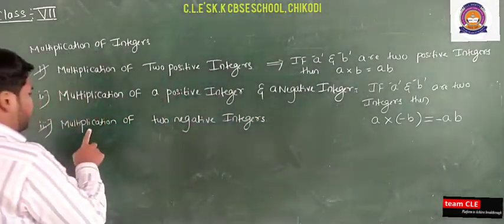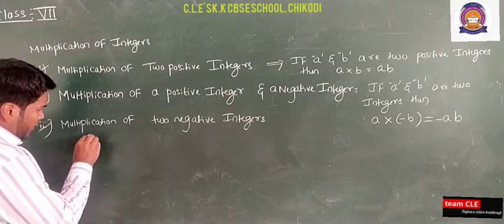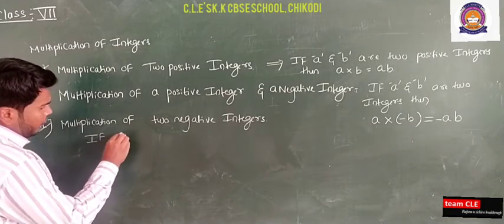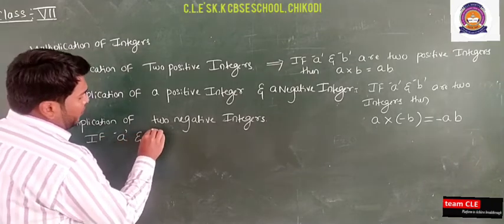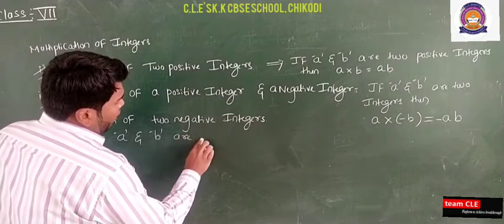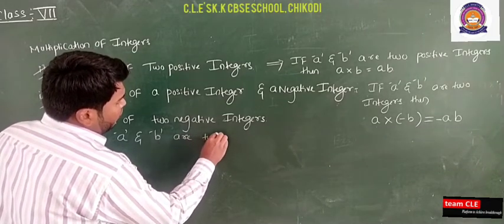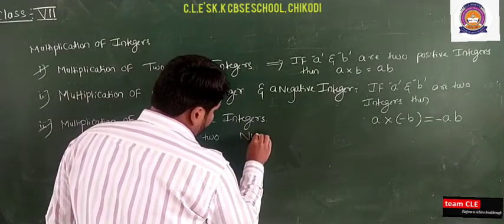The last one we have is multiplication of two negative integers.